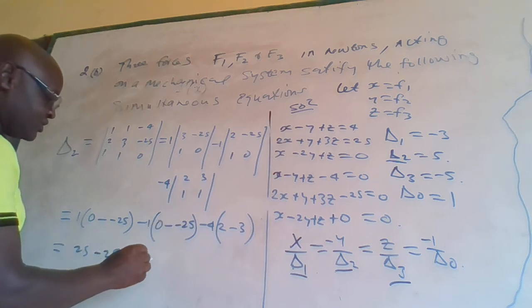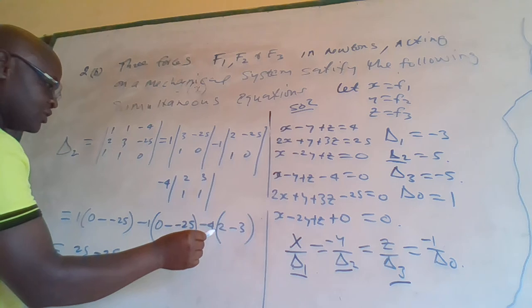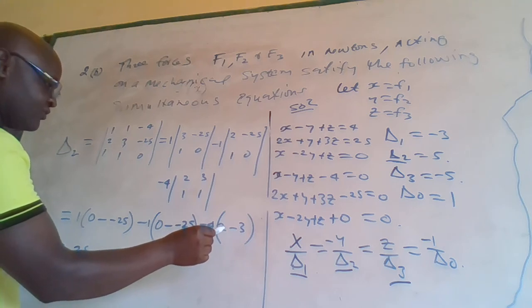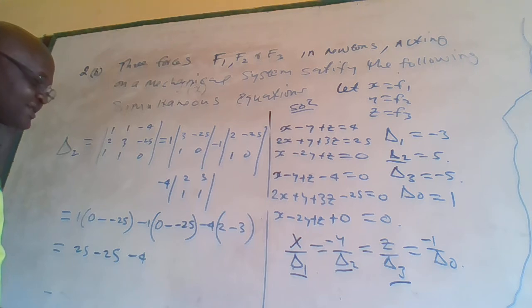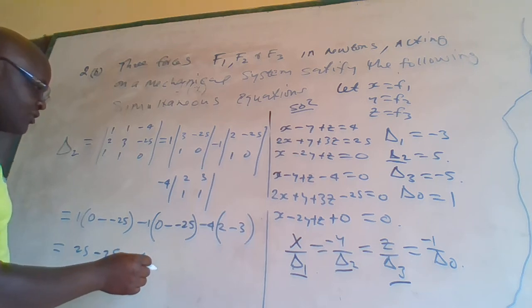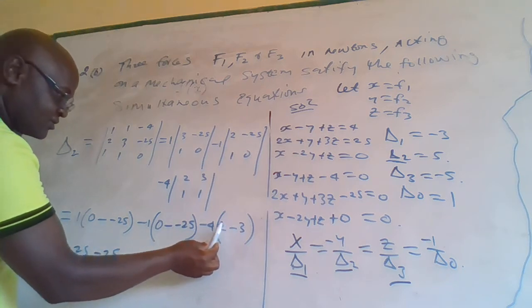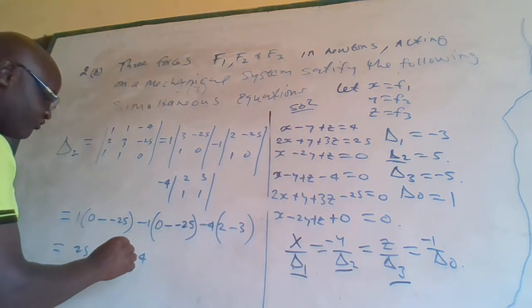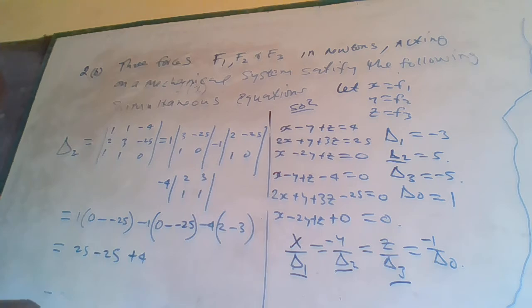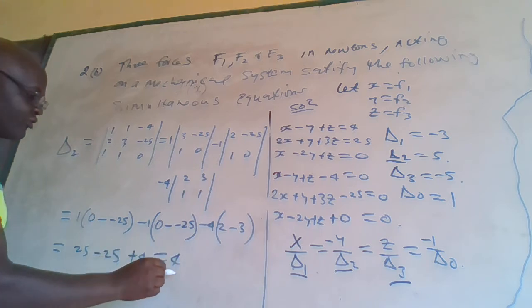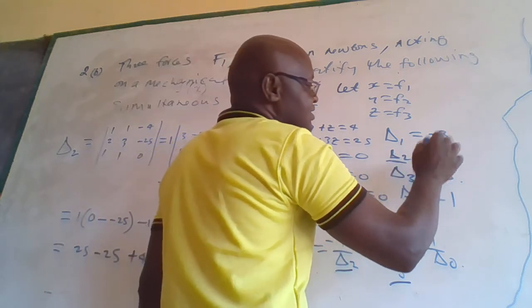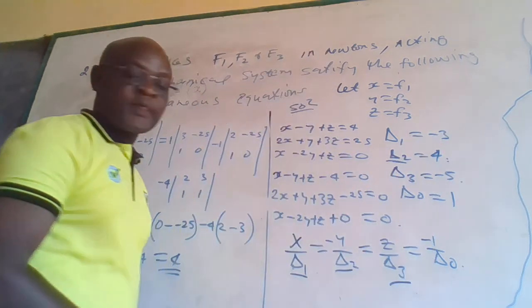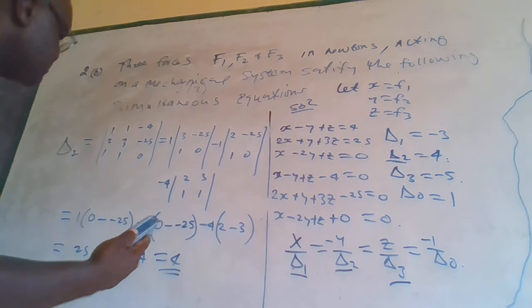Then minus 4 into 2 minus 3, we have negative 1 times 4, so we have positive 4, like that. So this equals 4. So del 2 is not 5, it is 4. Okay.